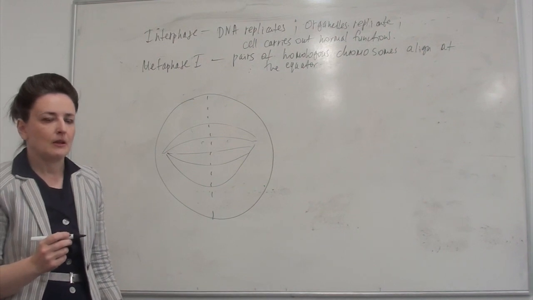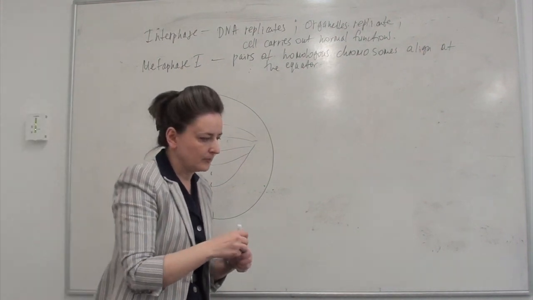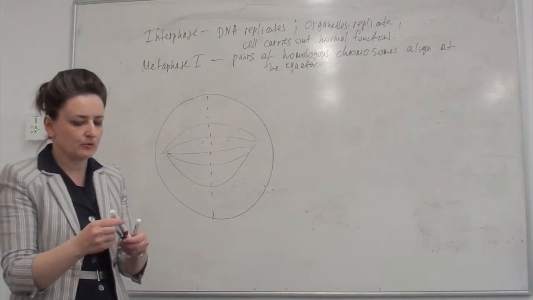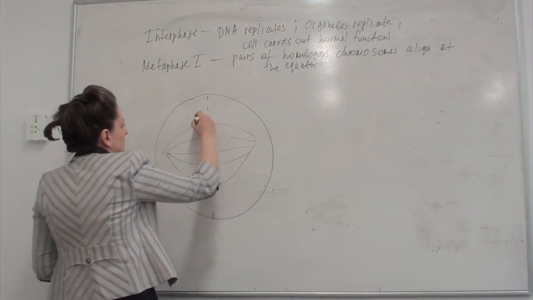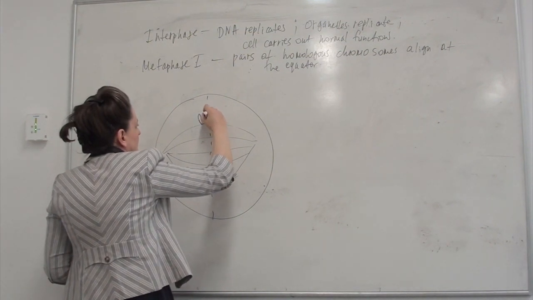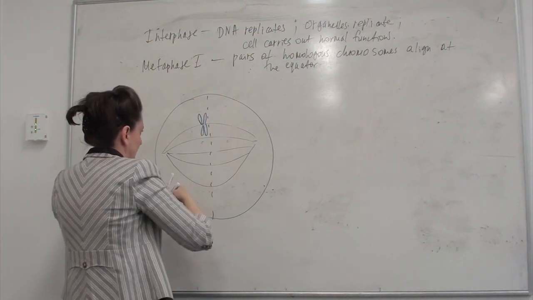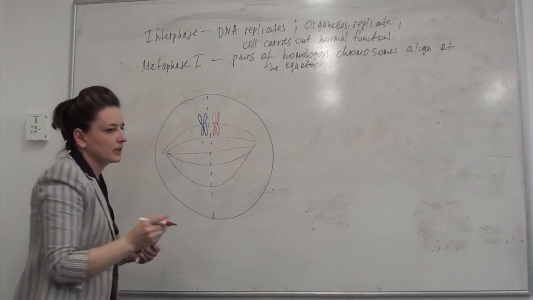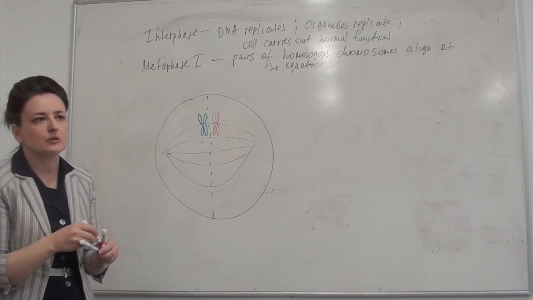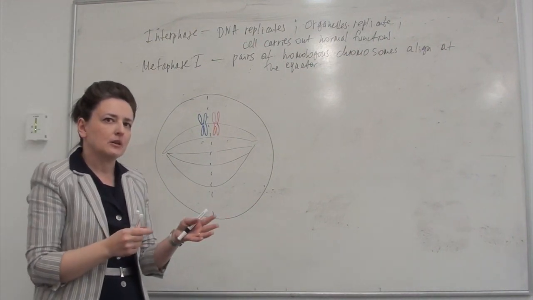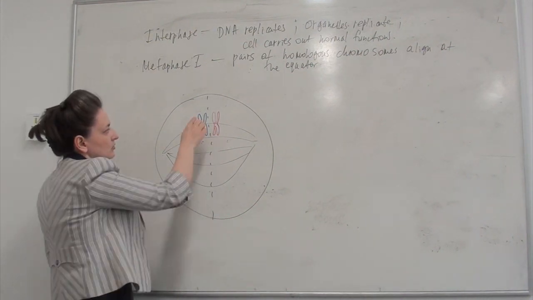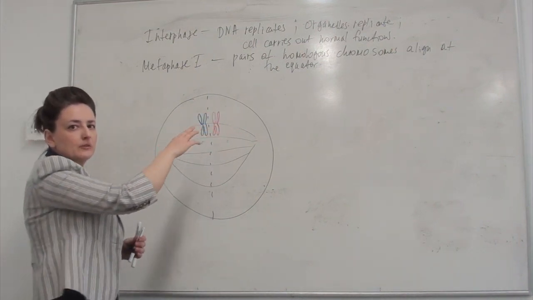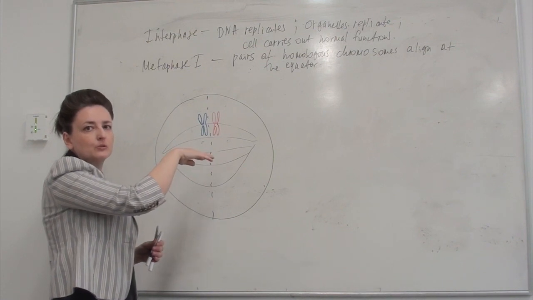Okay. So now I'm going to draw my pairs of chromosomes. So my first pair of chromosomes, you remember I used red and blue, so I'm going to stick with red and blue. Now, here is the thing which is a little bit confusing. Instead of drawing crossing over which happened in the previous stage, do you mind if I just skip one chromosome blue and another one red?